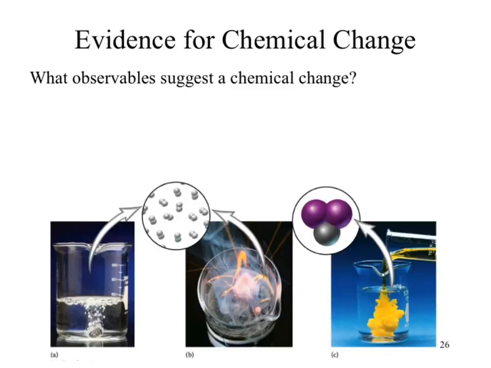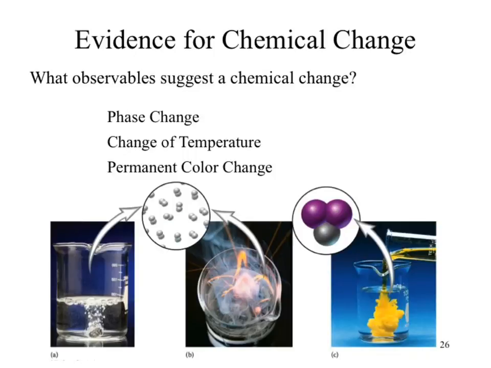Okay. Specifying the color change is a little bit of an odd one. I won't necessarily say it's wrong, but it can be kind of tricky. You're saying there's a color change here. Really? It started yellow. Was it dark? So you can go on the intensity of the color, but we'll still run into exceptions on that. So as a general rule, we can come up with three main observables to decide if it is a chemical or physical change.